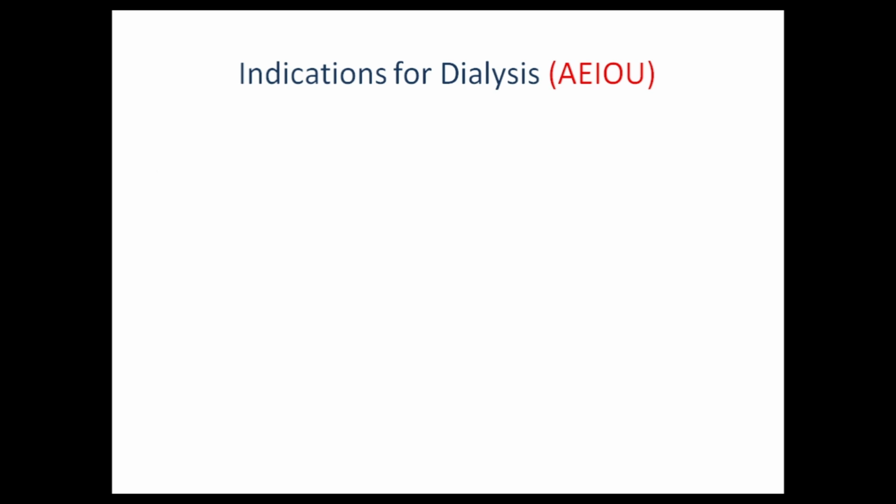So after that comes O for overload, and U for uremia. So we will discuss these two now. The fourth one is overload, and by overload I mean fluid overload.